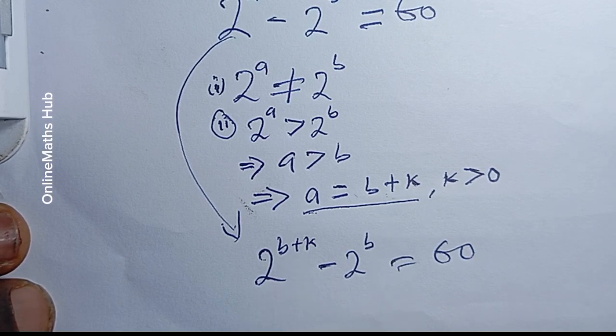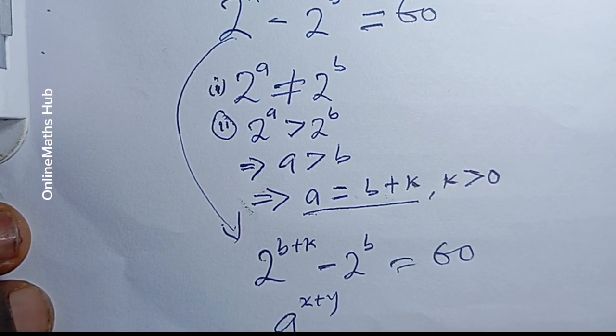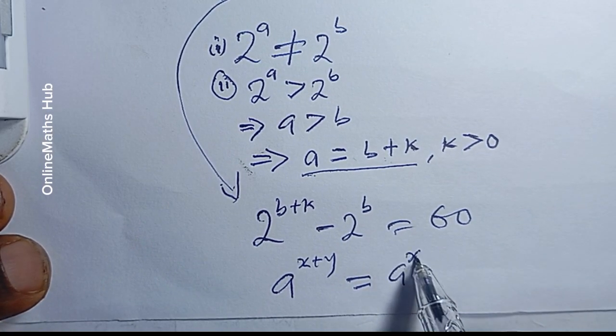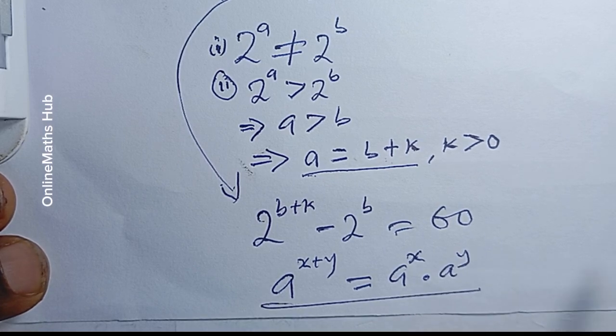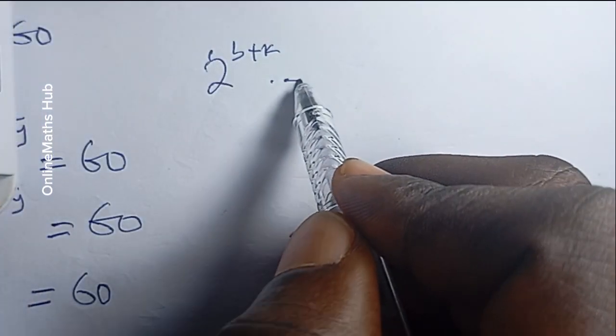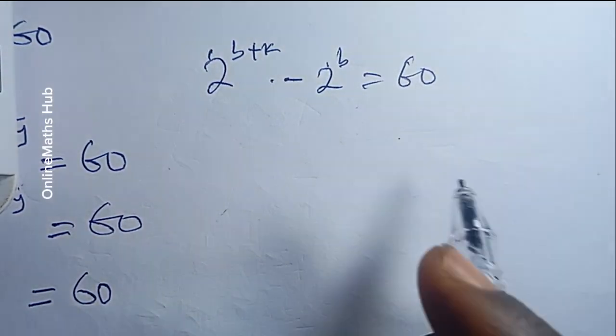You remember that if you have e power x plus y, you can expand this as e power x multiplied by e power y. This is the rule I am going to be applying over here.